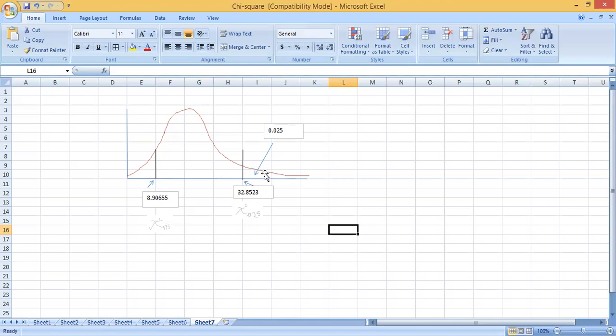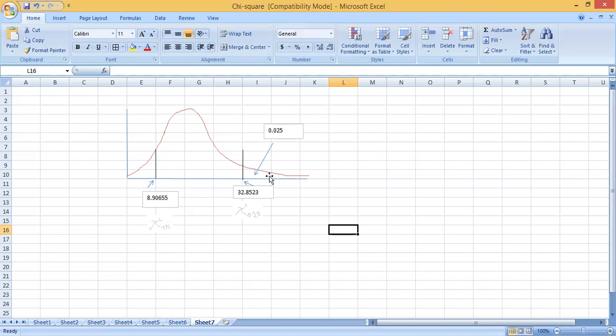Okay. Thus, you can say chi-square 0.025 corresponds to a chi-square value in the upper tail of the distribution, this area, the upper tail of the distribution.